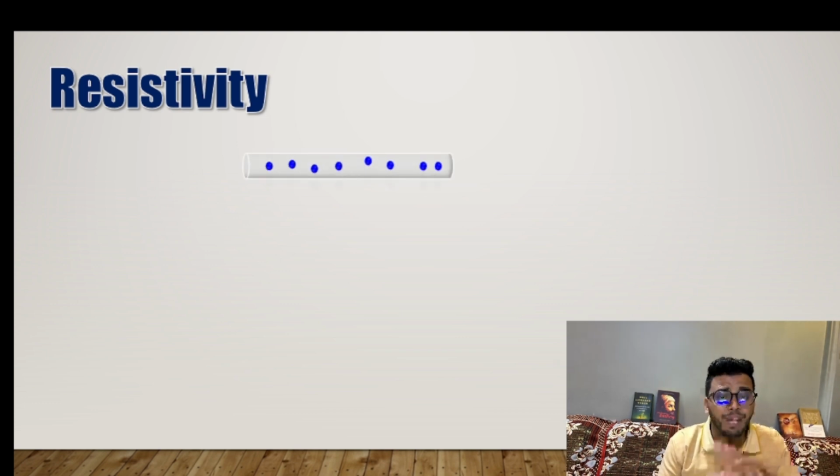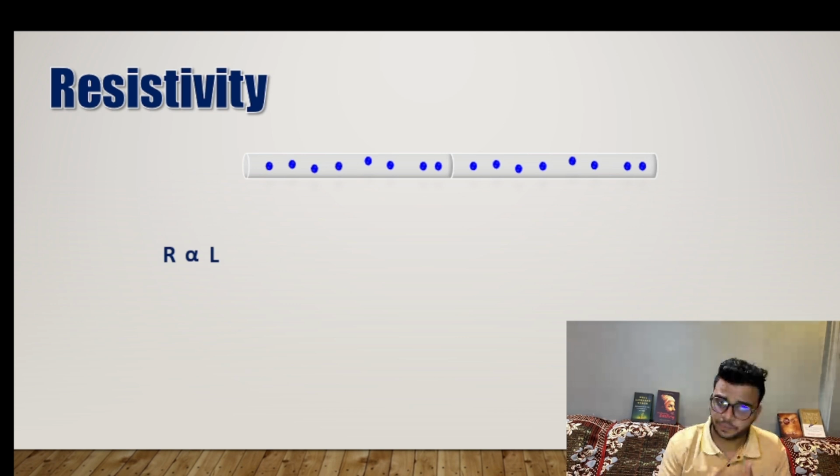If my length increases, the number of atoms and molecules increases, so my resistance will increase. We can write it mathematically as R is directly proportional to length. जितना ज़्यादा लेंथ होगा उतना ज़्यादा रेजिस्टेंस होगा, जितना कम लेंथ उतना कम रेजिस्टेंस.